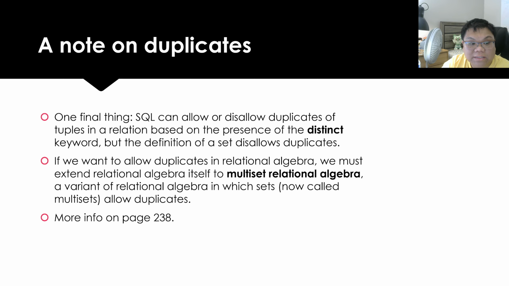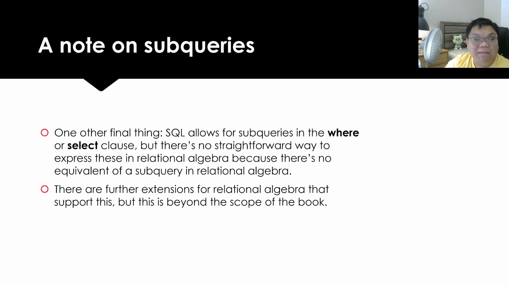They allow duplicates. There's more information about this in chapter 6, page 238. And another thing, we can't do subqueries in relational algebra, or at least there's no straightforward way to express a subquery using relational algebra. There are further extensions, but they are beyond the scope of the book.